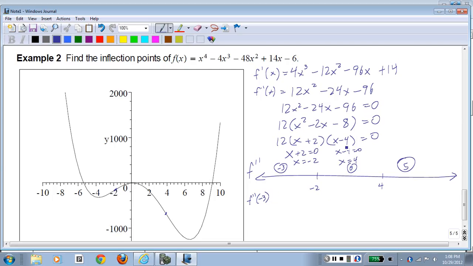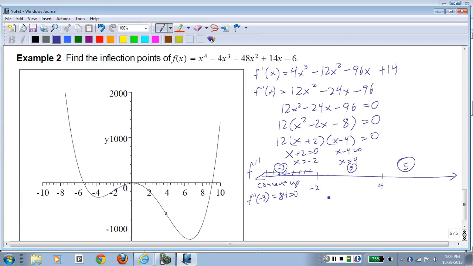And we can disregard the 12, but it's probably not that tough to multiply by 12, so I'll go ahead and keep the 12. 12 times negative 1 is negative 12. And negative 12 times negative 7 is positive 84. So pluses, concave up on the interval from negative infinity to negative 2.